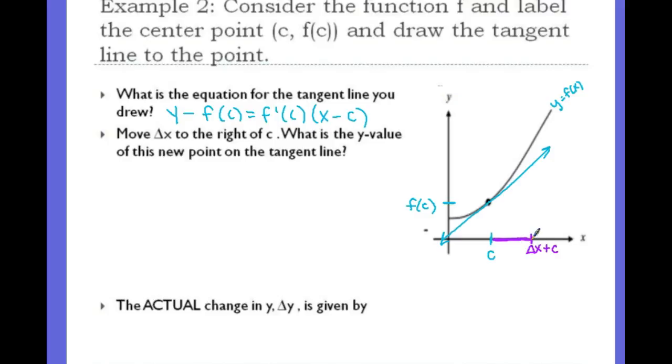We want to move delta x to the right of c, which makes my new point delta x plus c. What does that make the y value at this new point, not on my original function now, but on my tangent line? So now I'm going up to the tangent line, and I want to find the value at the tangent line, not on the function.